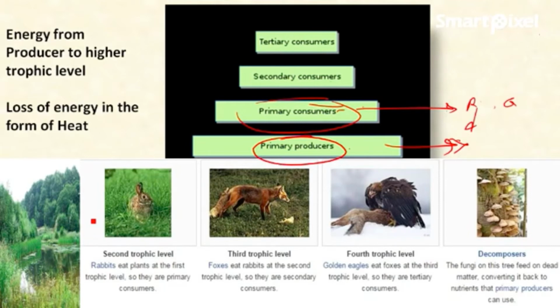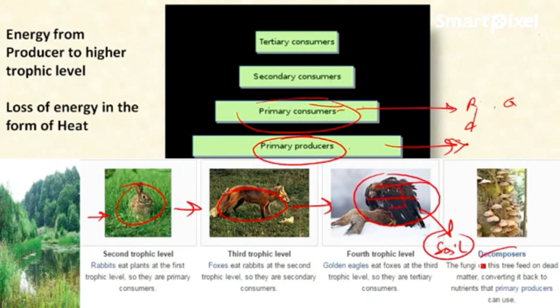So this is the pictorial representation of a food chain. Here the green plants are eaten by the rabbit, the rabbit is eaten by the fox, and the fox is eaten by the golden eagle. The golden eagle, after its death, reaches the soil and is decomposed. This dead and decayed organic matter is decomposed by fungi, bacteria, and other saprophytes present in the soil.